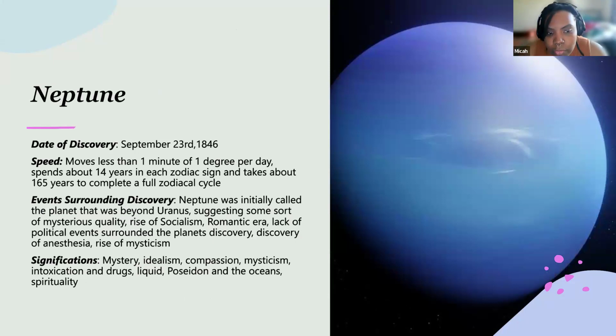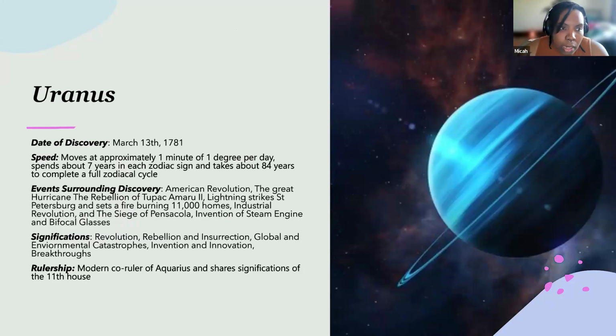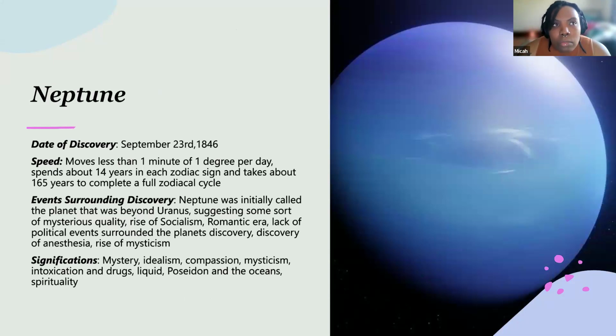While it shares significations with Pisces, it shares significations with the 12th house, it is not the same as the 12th house. The 12th house has a lot to do with isolation, endings, and just kind of connecting with the divine.